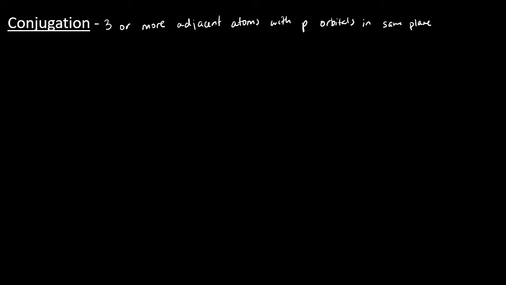Okay, so if we have our atoms, we'll have the p orbitals, and if they're all lined up in the same plane, that means that electron density can be shared between all of them.